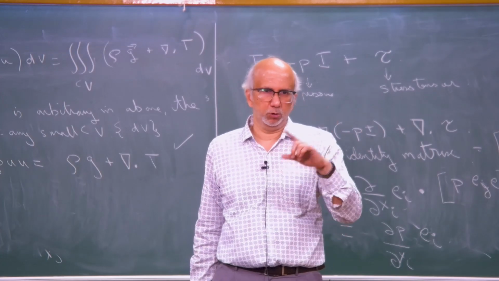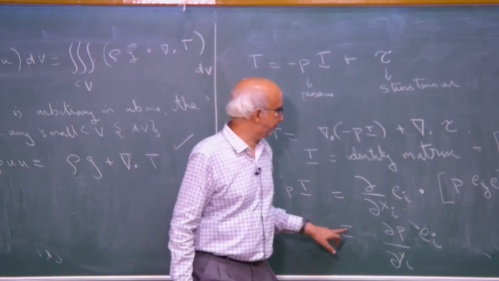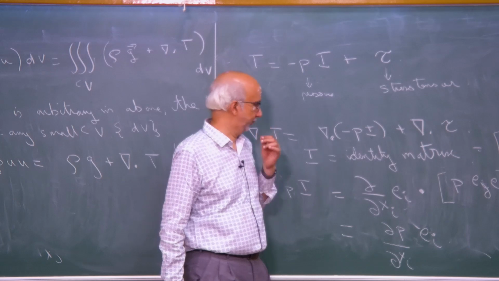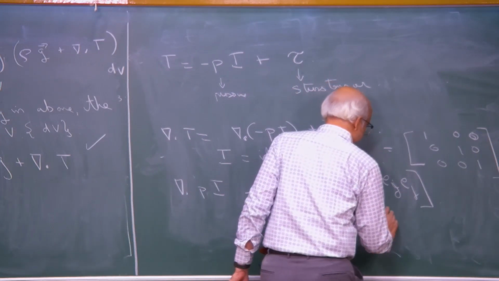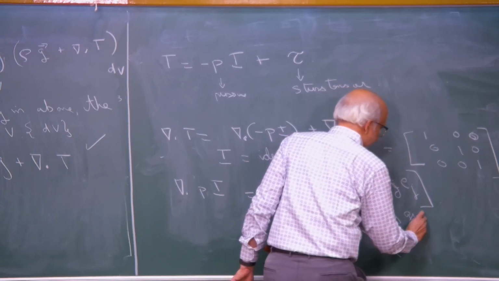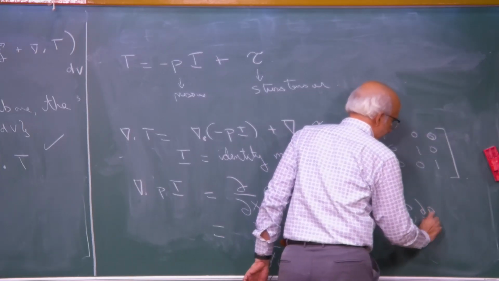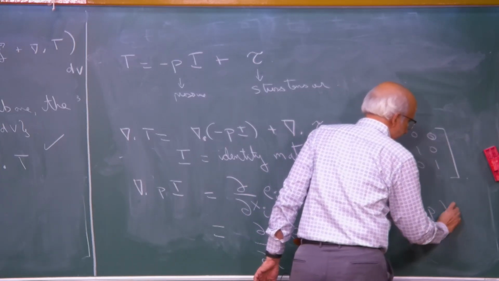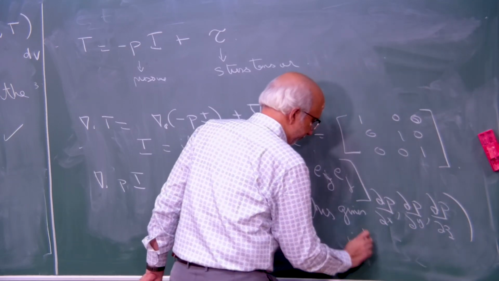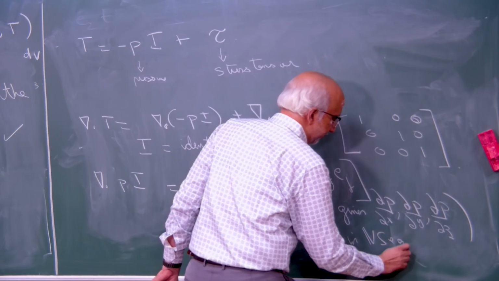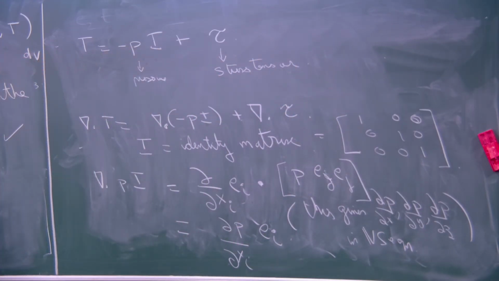I am just trying to show you how to do that. So, this gives you dP by dx, dP by dy, dP by dz in the Navier-Stokes equation.